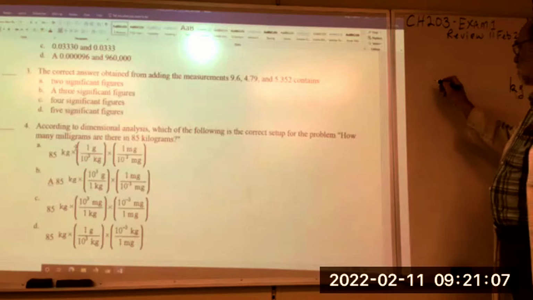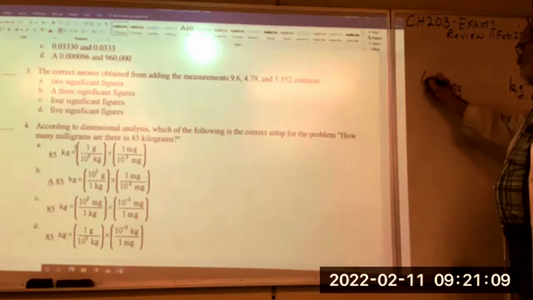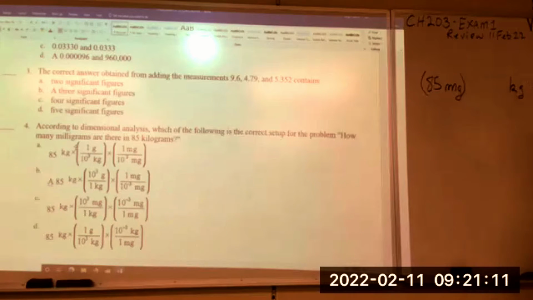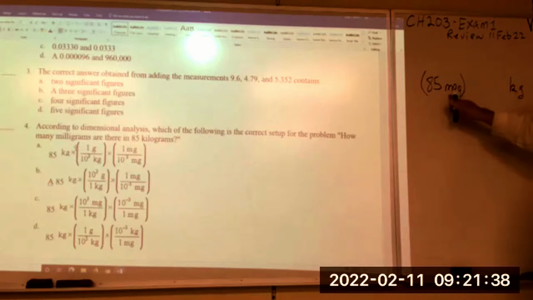It was 85 milligrams. Okay, we're in the metric system, so we only need to use the decimal system. If we're going from milligrams to kilograms, can we do it in one step? Well, we could, right? But to answer the question, all of these are in 2 steps. So what I think they're getting at is change this one to grams.